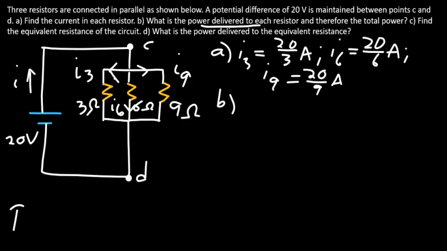Power delivered to a resistor is given in terms of current and resistance as follows: the current through that resistor squared times the resistance of that resistor, and the unit is watts.